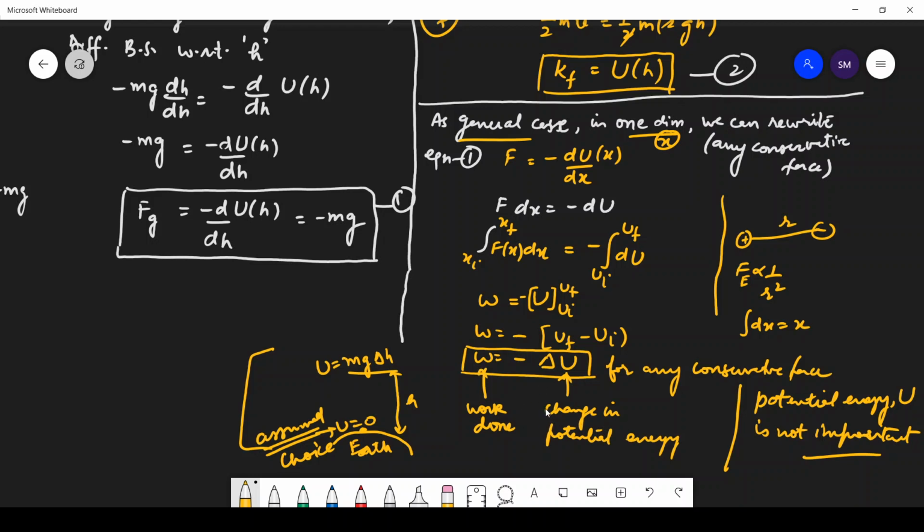So we'll discuss more about this, students. But for the time being, this also tells us that the work done depends only on the initial and final positions and is independent of the path.